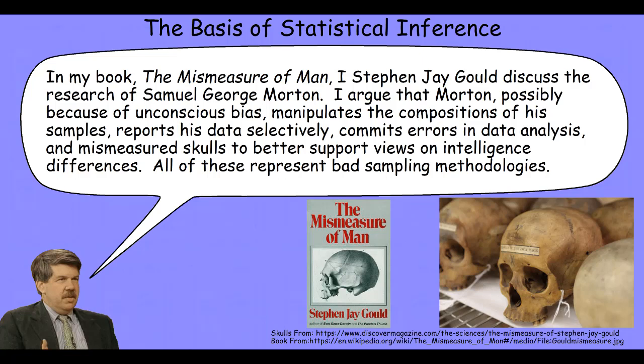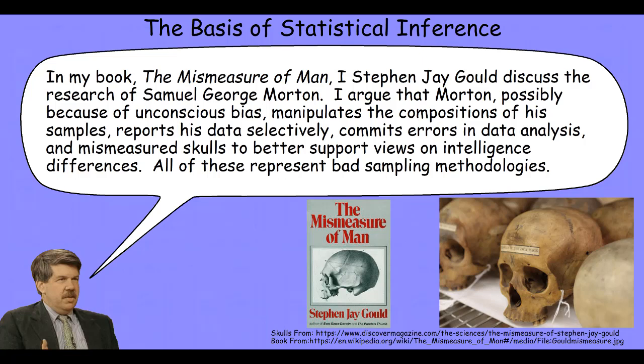So for instance, here we see in this picture, this is an actual picture of his skull collection. This is one of the skulls that's used in his studies. It's the skull of an individual from South America who was an Incan, who this group of people were just smaller in stature than the Caucasian males in his other sample.